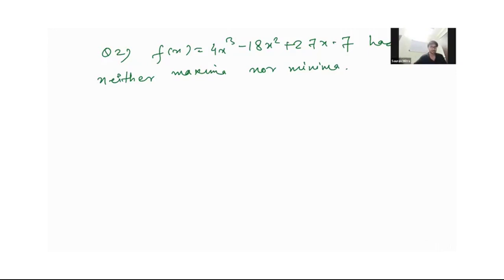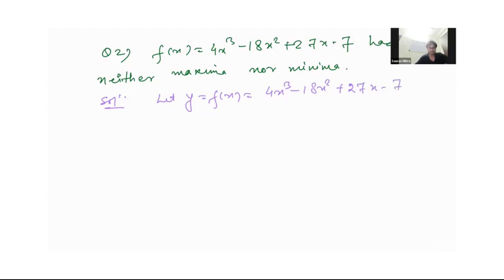Okay, now see. So first step, let y equals f of x equals 4x cube minus 18x square plus 27x minus 7.